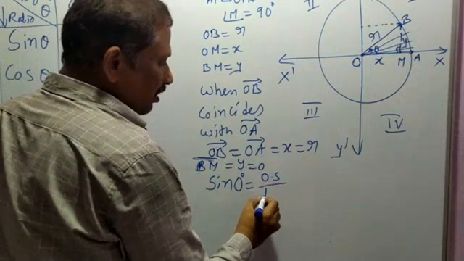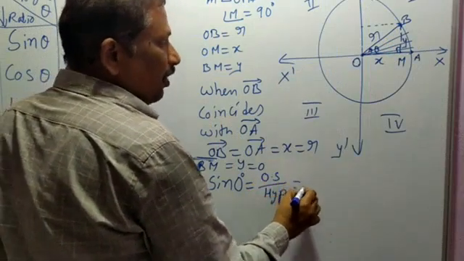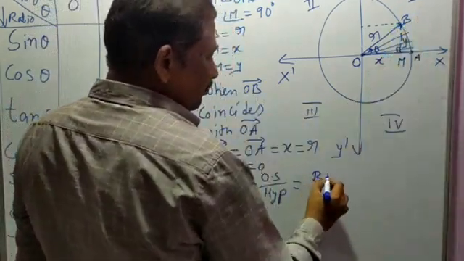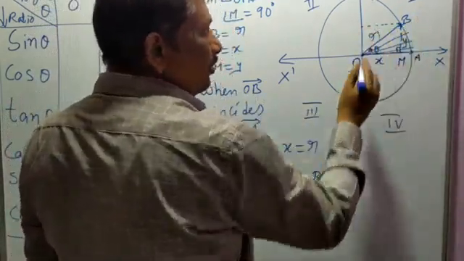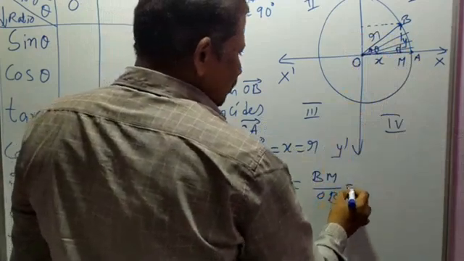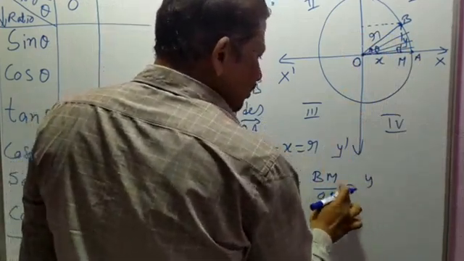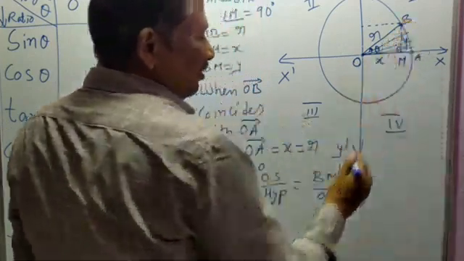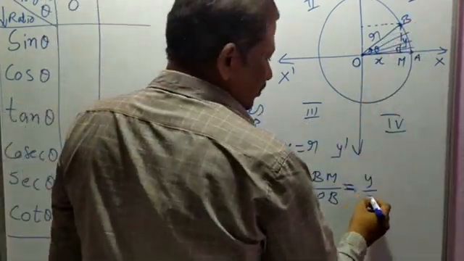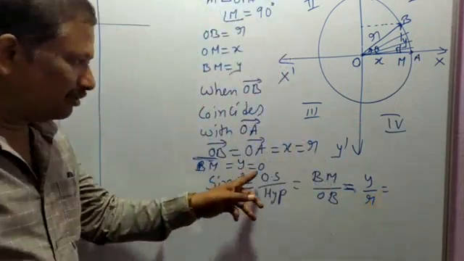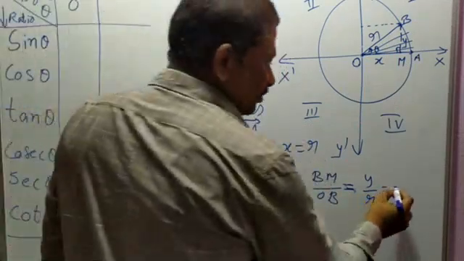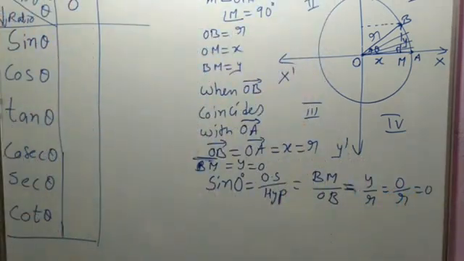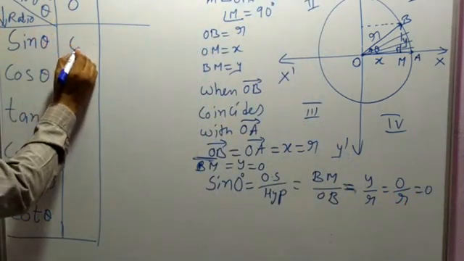The opposite side is BM, which is y, and the hypotenuse is OB, the radius vector r. Since y becomes 0, 0 by anything is 0. So sine 0 degrees is 0.